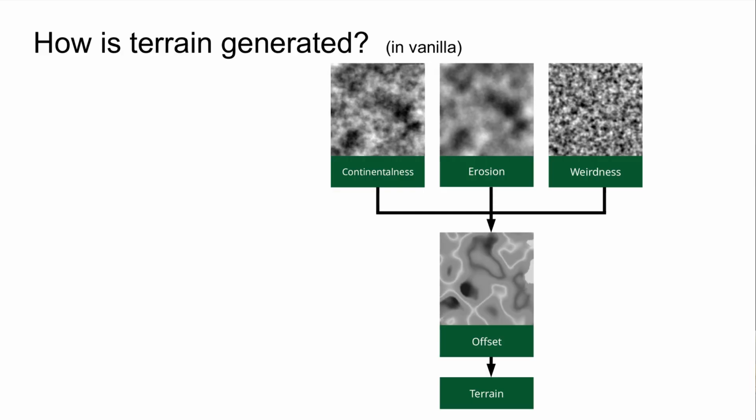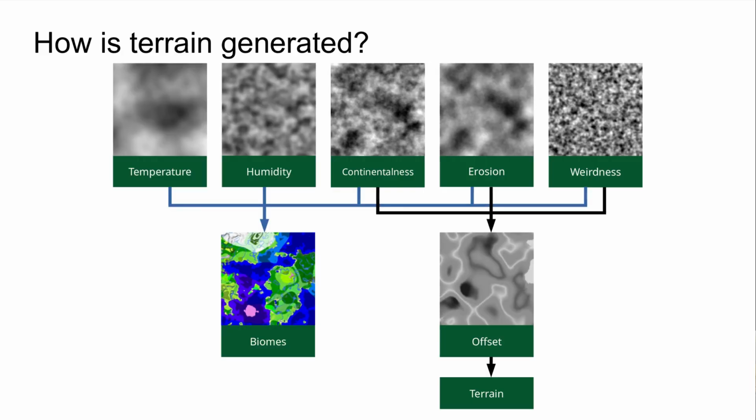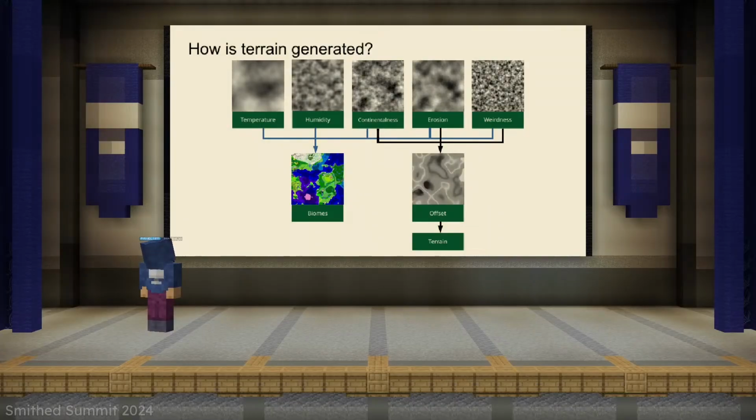So that was just the terrain. So let's take a look at the biomes. For the biomes, we add two more noises called temperature and humidity. And we combine them with the other three we already had, the continentalness, the erosion, and the weirdness. And we determine a biome based on all five of those noises. As you can see here, the biomes don't directly depend on the terrain or the offset value.